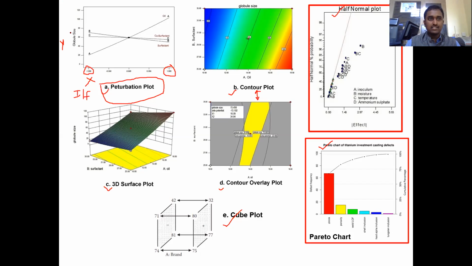And the y-axis is the response, that is any one output variable. It may be, let us say, the globule size, or resolution, disintegration, or friability.